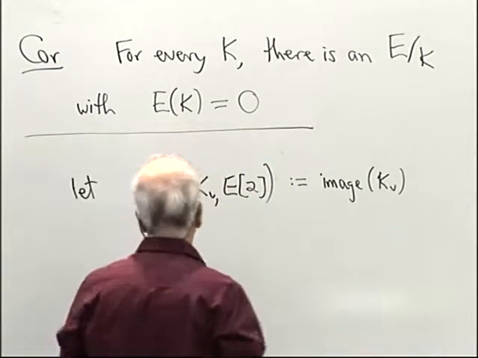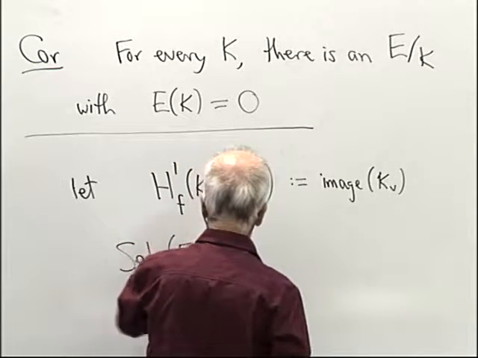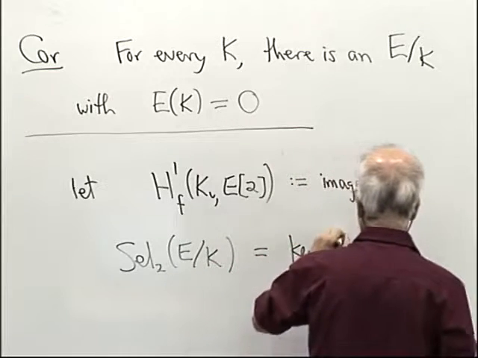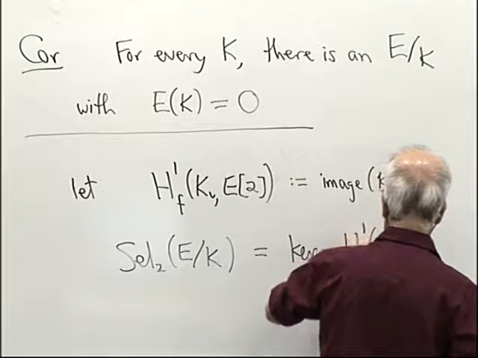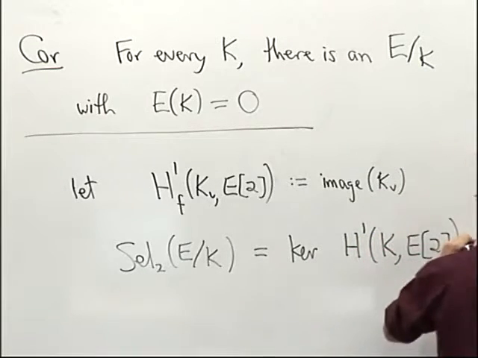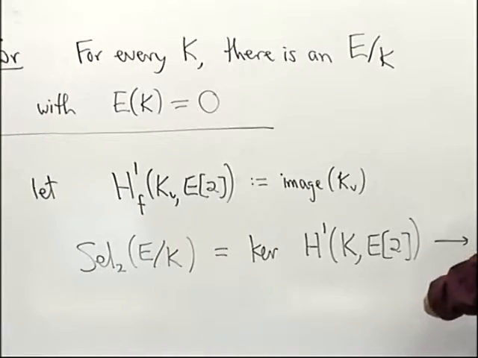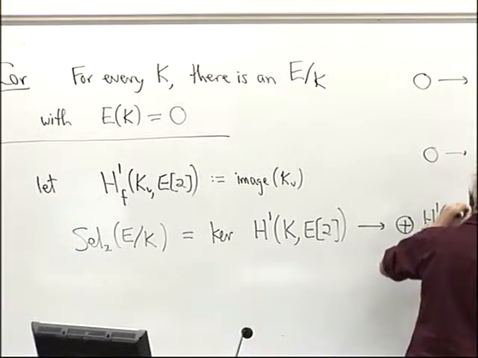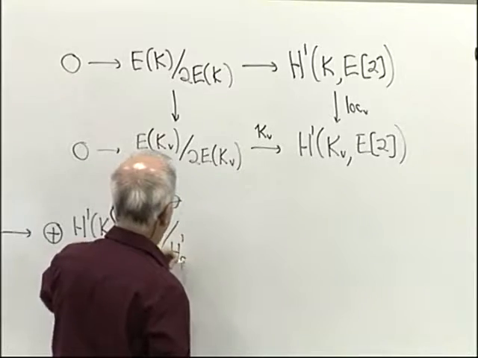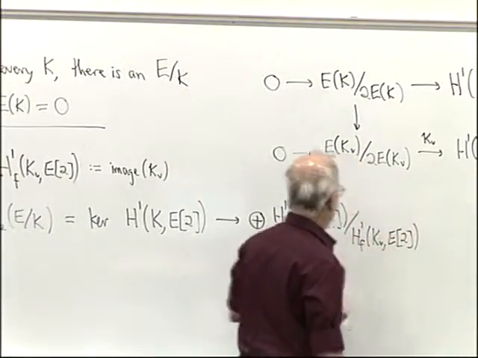And then the Selmer group of E over K is the kernel of all the localization maps, which will take us from H1 of K, E[2], to the direct sum of all the H1(K_v, E[2]) mod H1_f(K_v, E[2]).